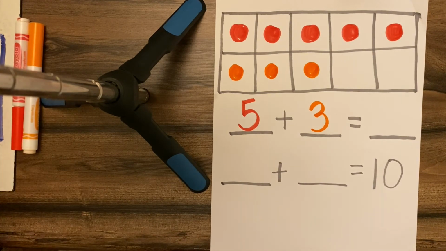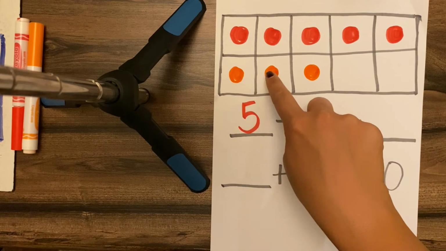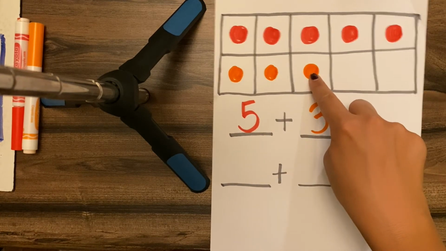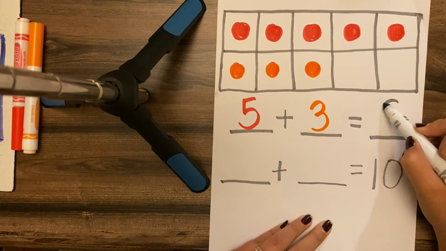Now we need to write how many counters we have in all. 5 counters plus 3 counters is how many in all? 5, 6, 7, 8. 8 counters in all.